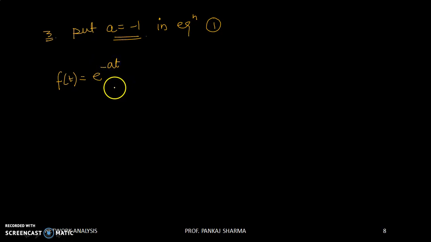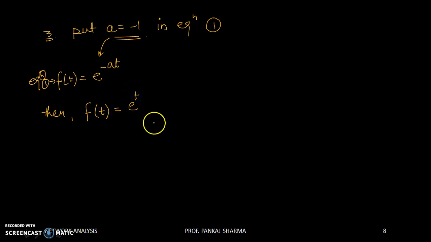If a is put as minus 1, then f of t will be equal to e raised to power t.